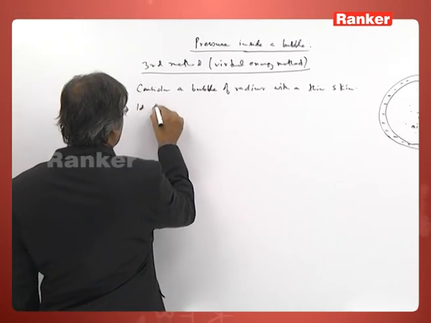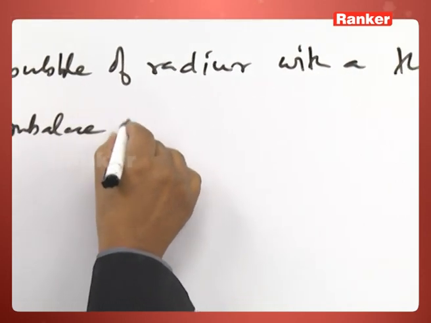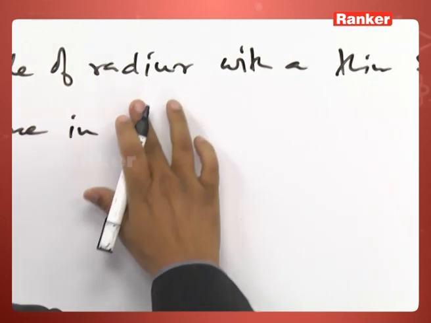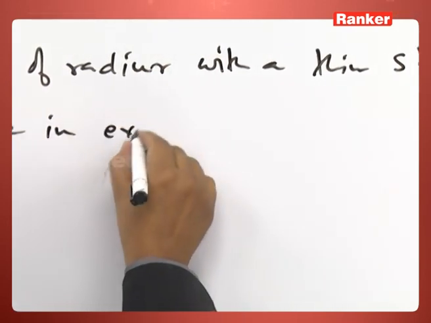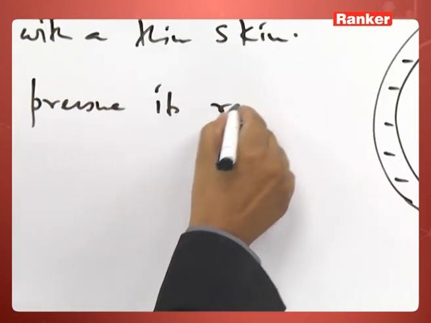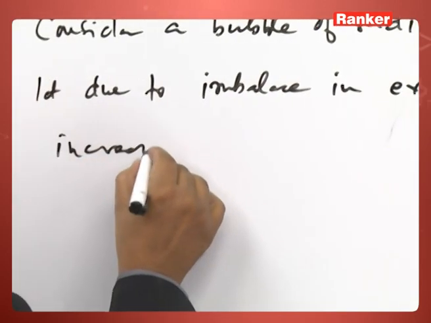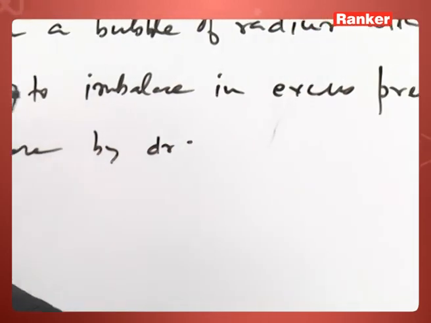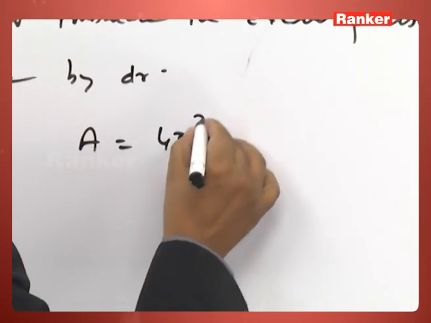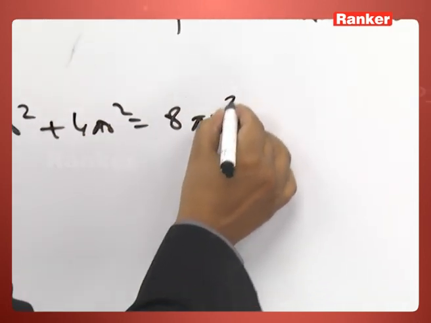Let, due to imbalance in excess pressure, its radius increase by dr. So, we have area as 4 pi r square outside and 4 pi r square inside, that is 8 pi r square.